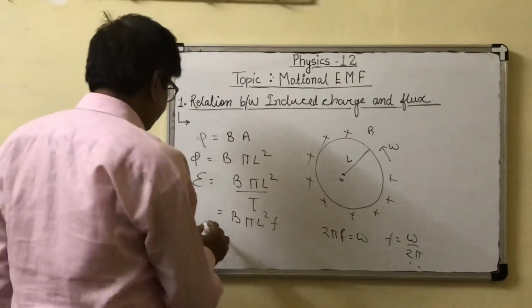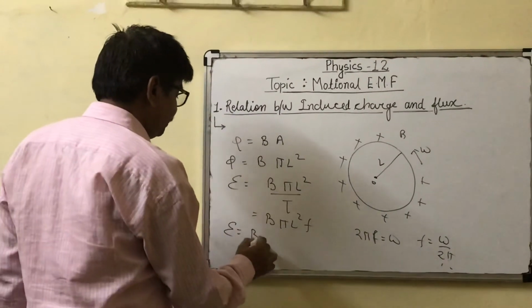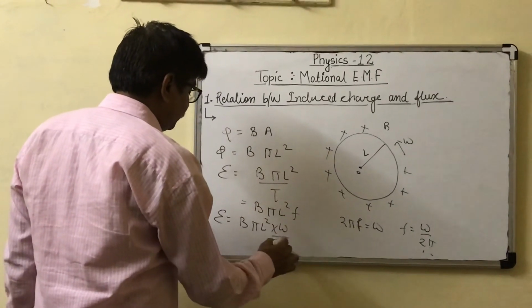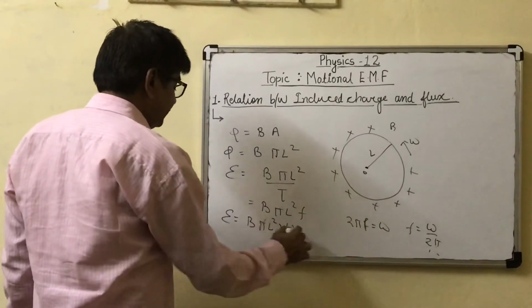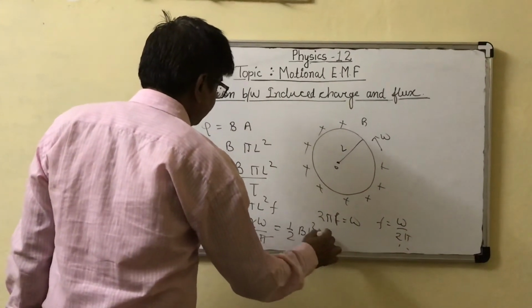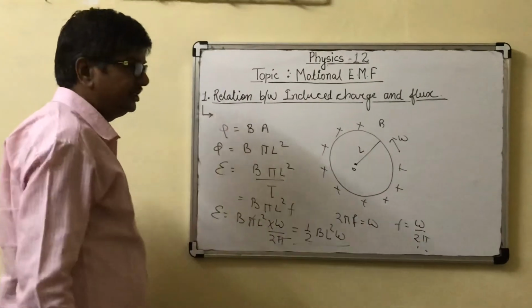Putting the value of f, the induced EMF is B pi L square omega upon 2 pi. Cancel pi, so that is half B L square omega. This is the induced EMF.